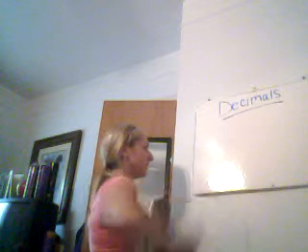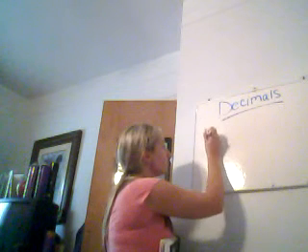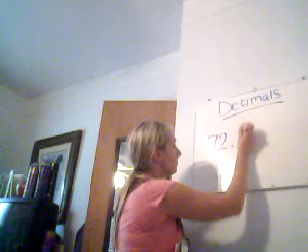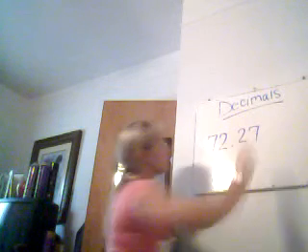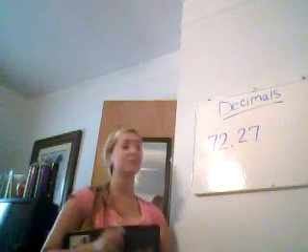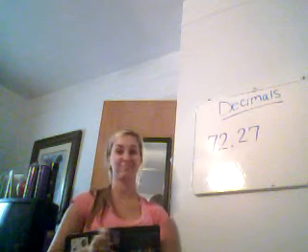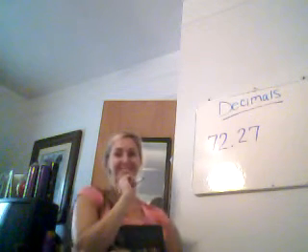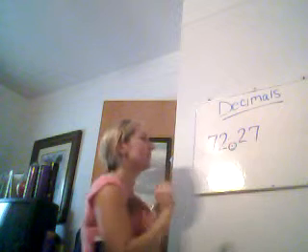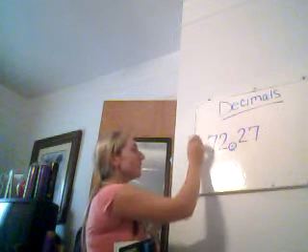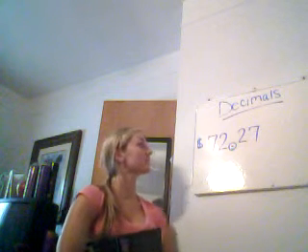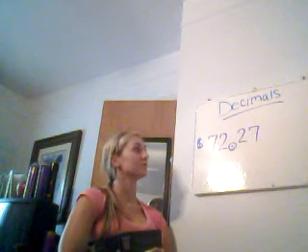No money sign yet. All right. Who can tell me where the decimal point is in this number? Between the two. Good job. All right. And if I put a money sign in front, how do we say this number? $72.27.